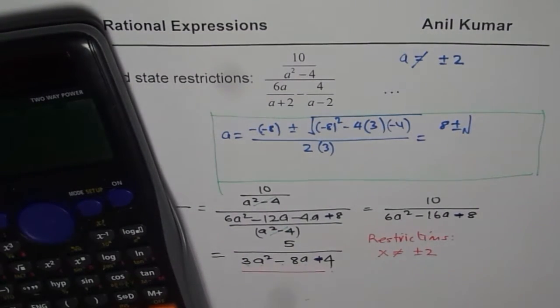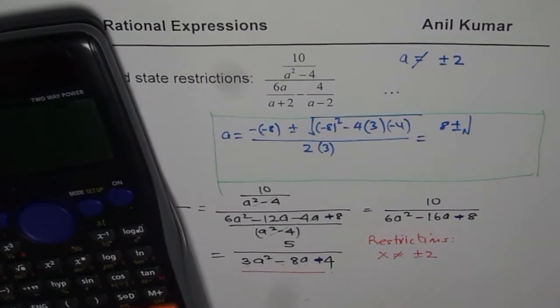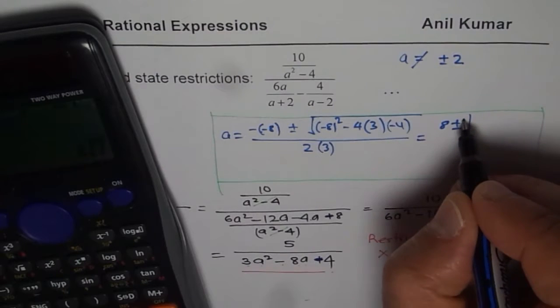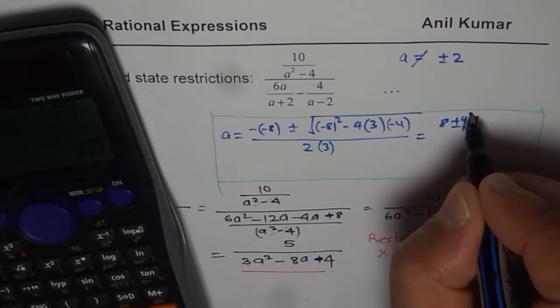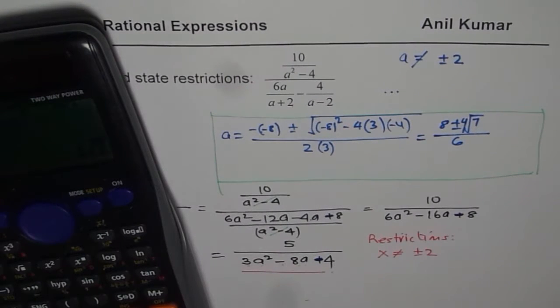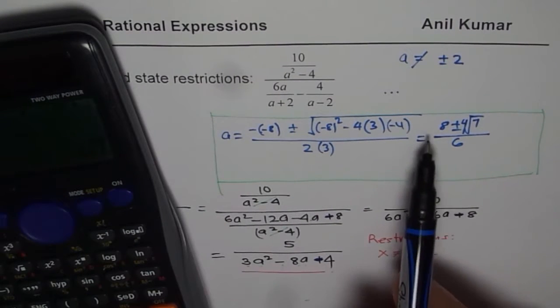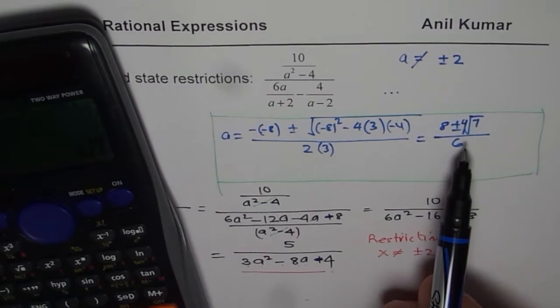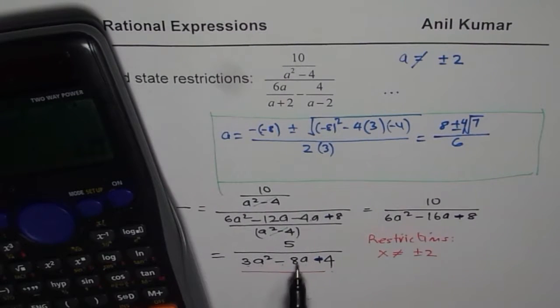So the square root is 4 square root 7. Let me write 4 square root 7 for the time being here, divided by 6. This is what we have, right? So these are also restrictions, because these values of a will actually give you 0 for the denominator.